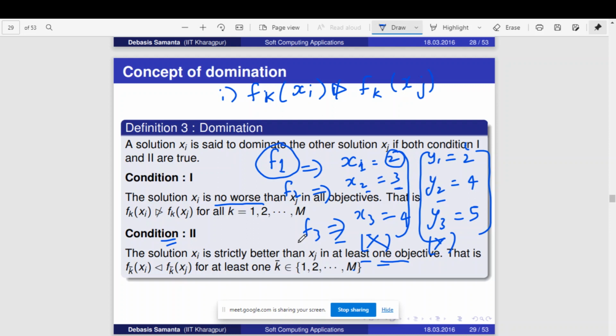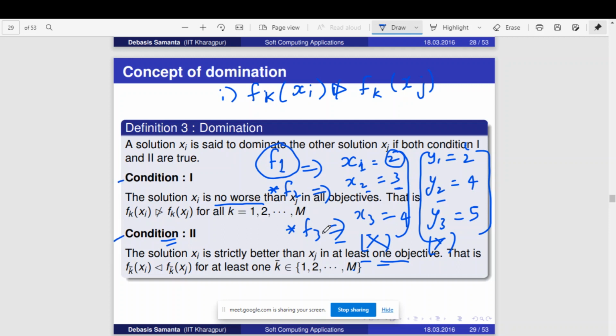Out of these three objective functions, is there at least one for which x2 is better than y2? How many functions have x2 better than y2? The second function and the third function, two cases. In the first case, x1 is not better than y1. So are these two conditions satisfied here?